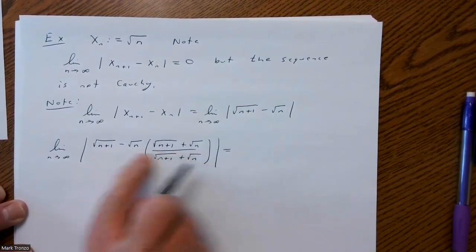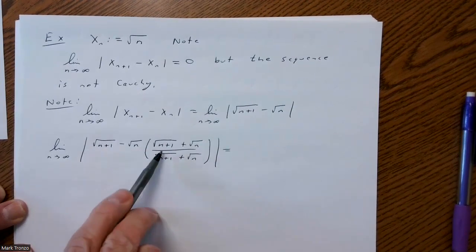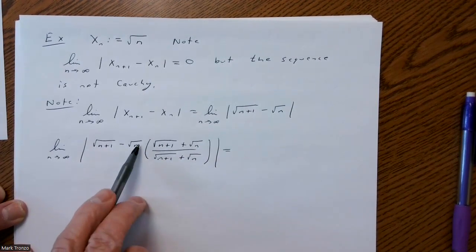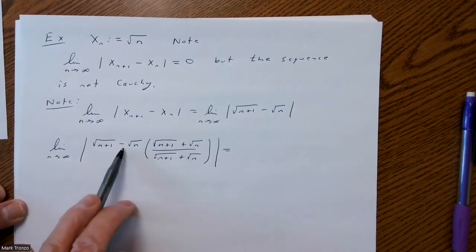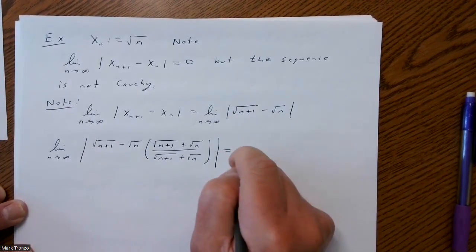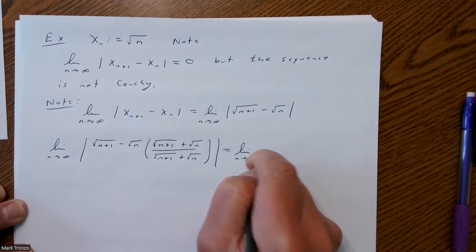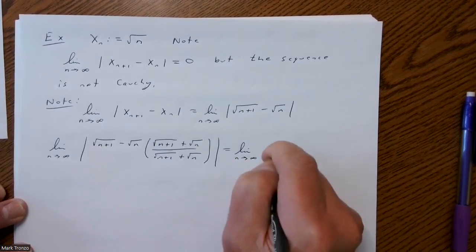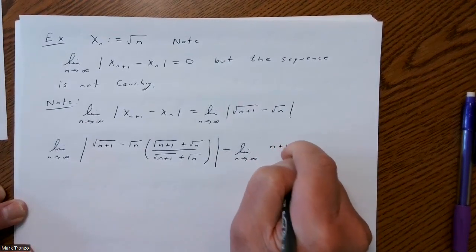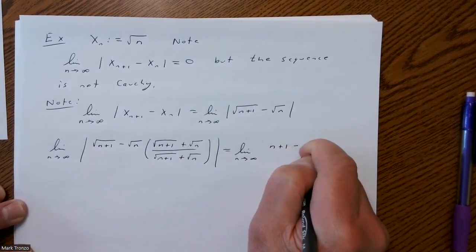When you multiply the top out, and since I'm going to run out of time, I won't do all the steps, you can try this at home to verify it, you'll end up with n plus 1 minus n on top.